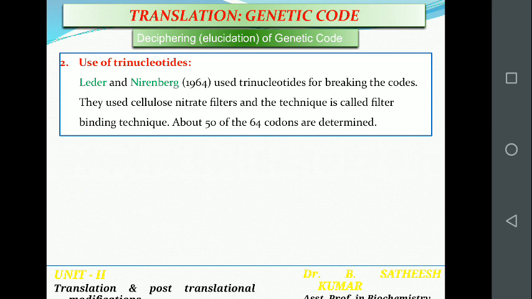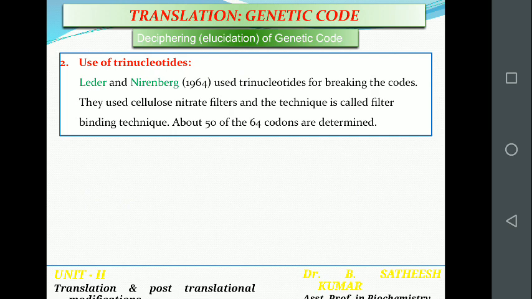Okay, second is the use of trinucleotides. This is also known as ribosome binding assay or filter binding assay. Here 64 trinucleotides were used to bind specific tRNA to ribosomes. If the tRNA carrying a specific amino acid is specific to a particular codon, it binds to the ribosome and forms a complex, a ribosome, trinucleotide, and tRNA complex.